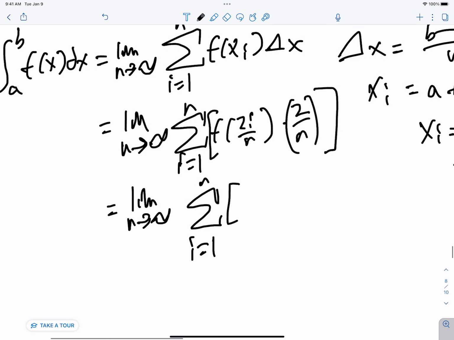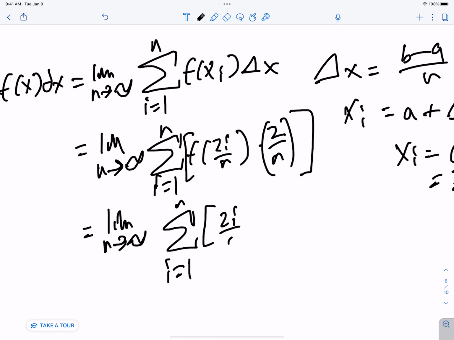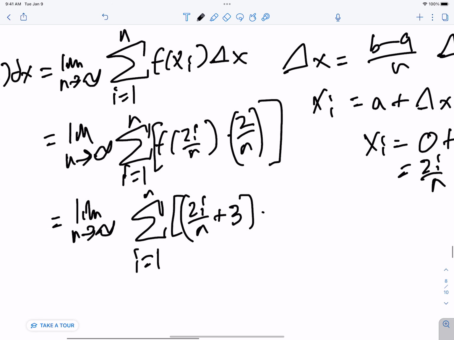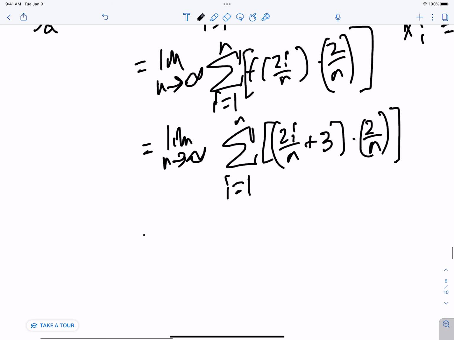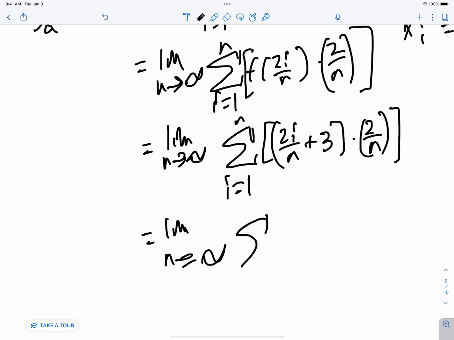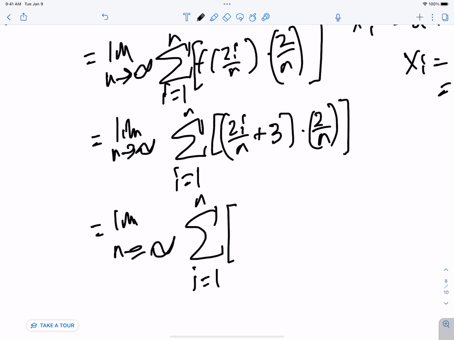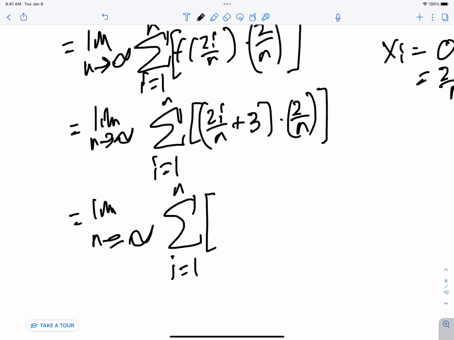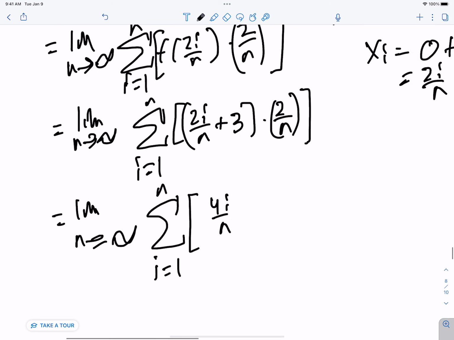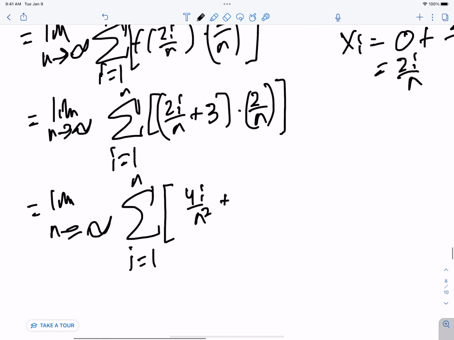It's just 2i over n plus 3, because we're just plugging them into f of x, and we're multiplying all of this by 2 over n. Then that means we'll be left with something that looks like this: we know that 2 times 2 is 4 from earlier, 4i over n, and then we also know that 3 times 2 is 6. I forgot the square here. So we'll just have 6 over n.